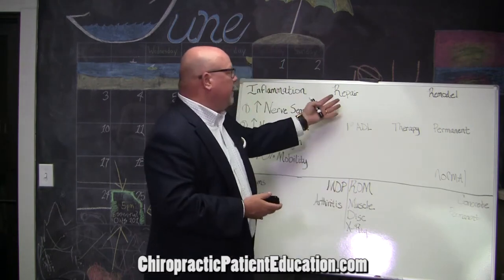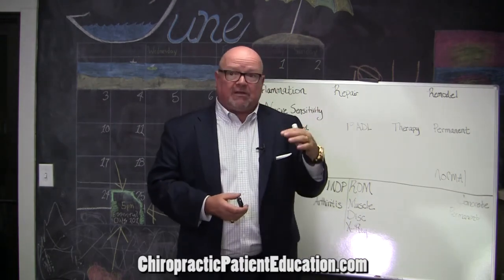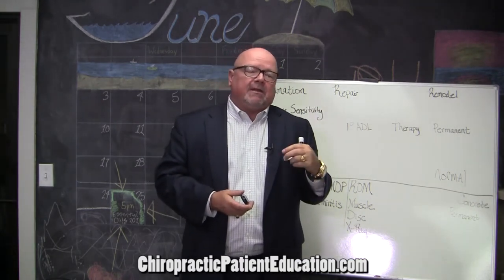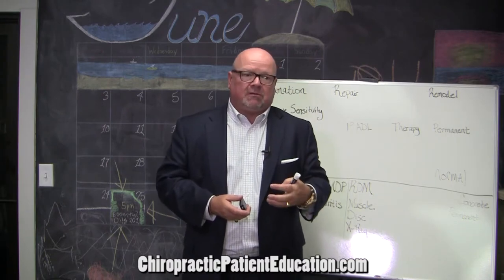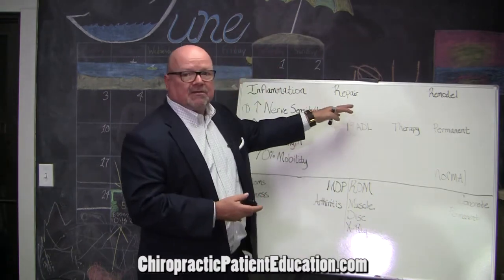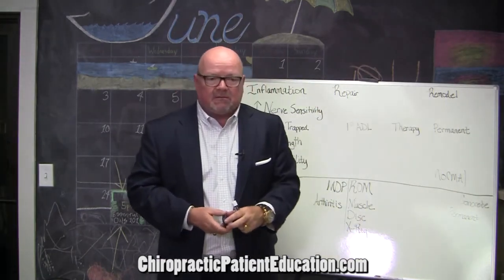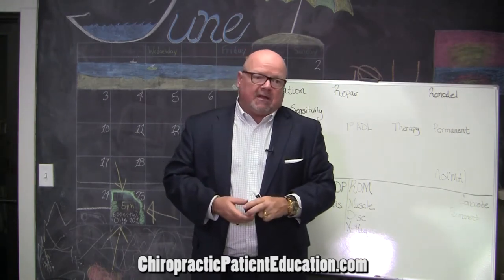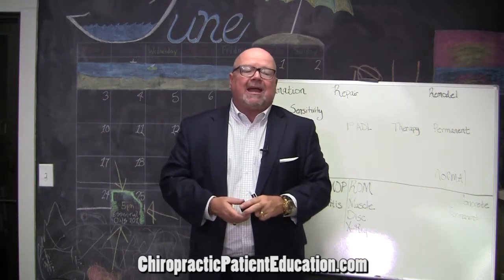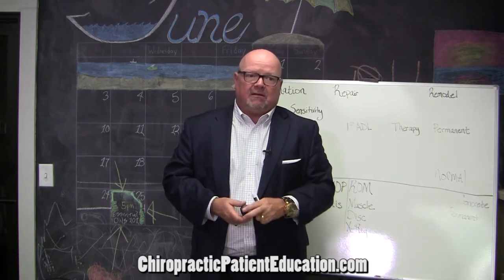The goal in the repair phase is to continue on with decreasing pain and inflammation, but now to increase passive range of motion. The goal in the remodel phase is all of the previous plus now increase active range of motion and elasticity.